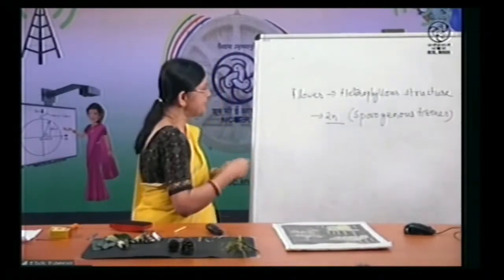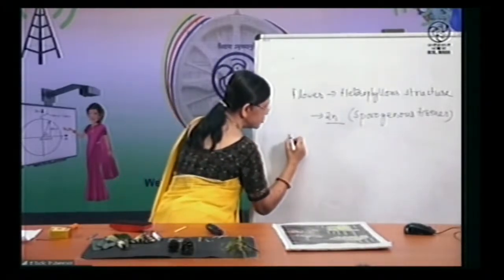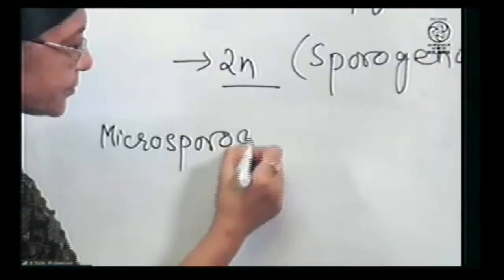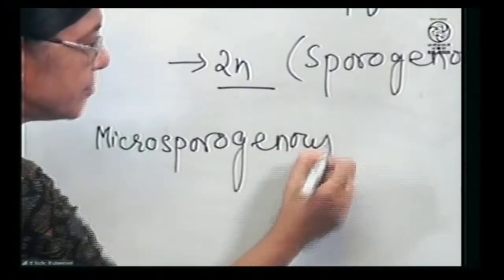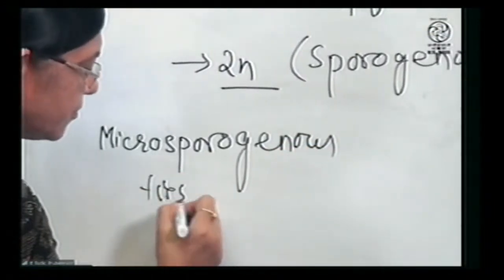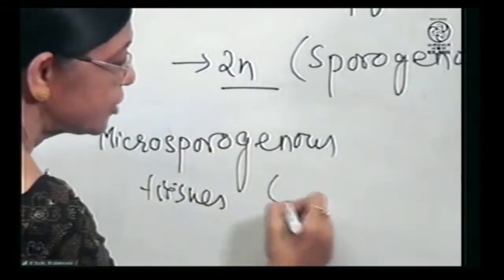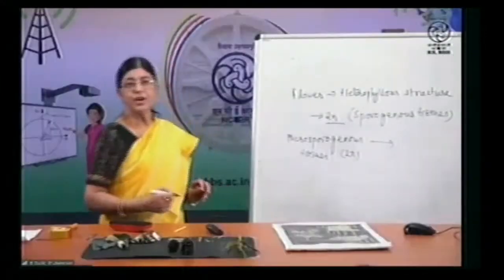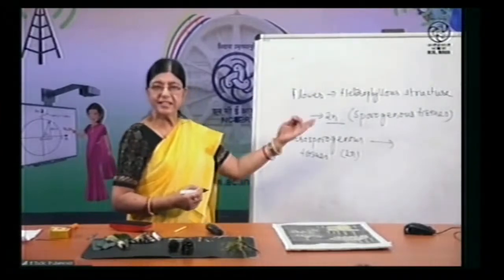These microsporogenous tissues in the young anther are 2n in number, and they'll undergo mitosis to increase their number.